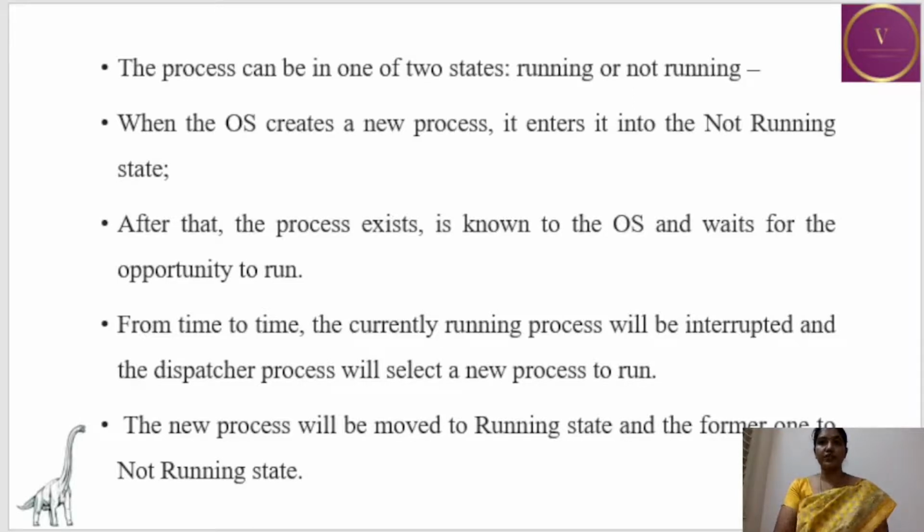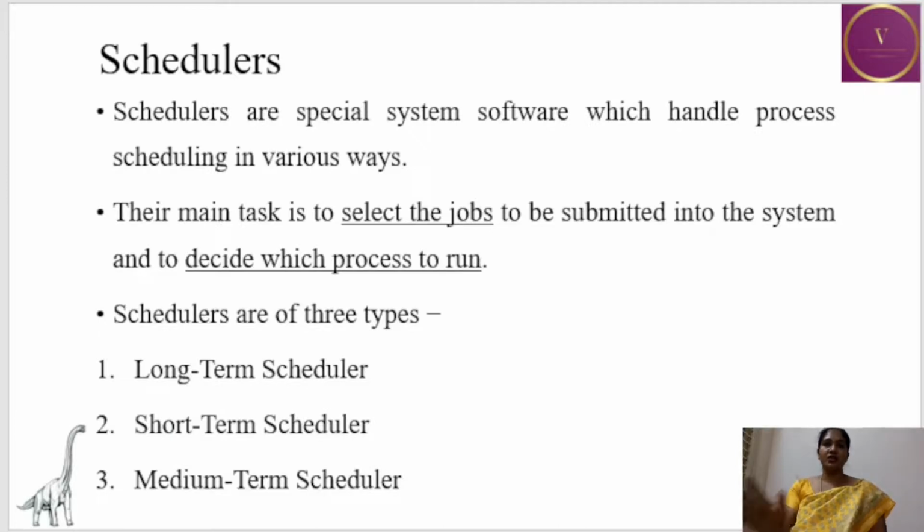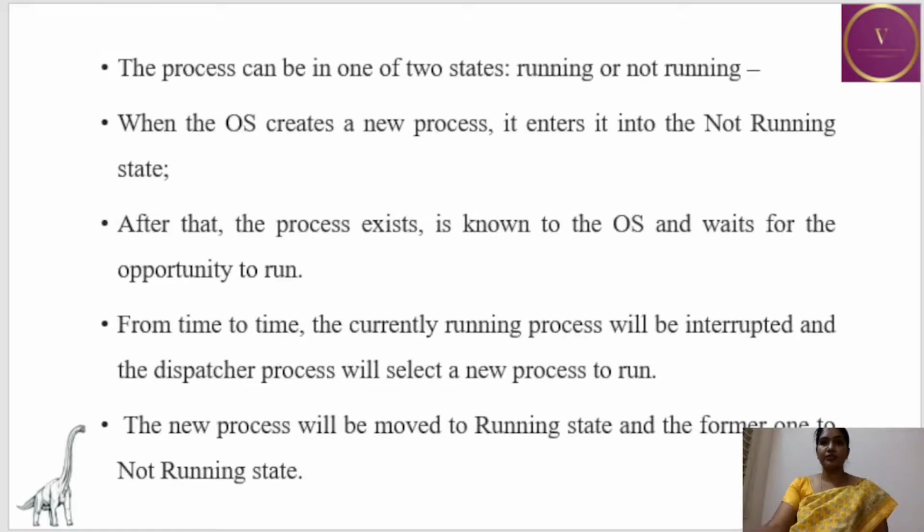The new process will be moved to running state, and the former one, the one already running in the CPU, will be moved to the not running state. So the new process will now be in the running state, and the one which was running in the CPU will be moved again to the not running state. So that is all about the two-state process model.